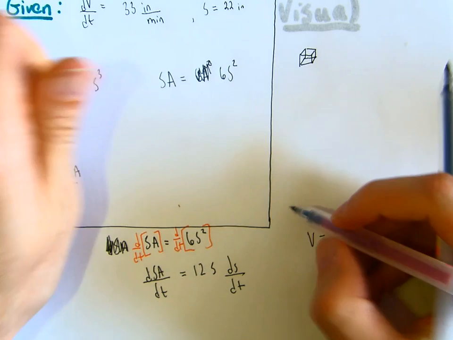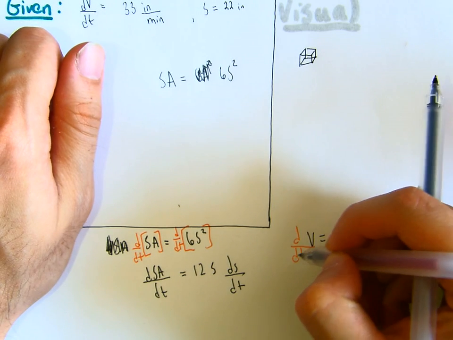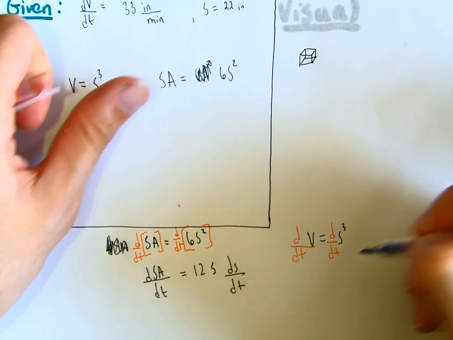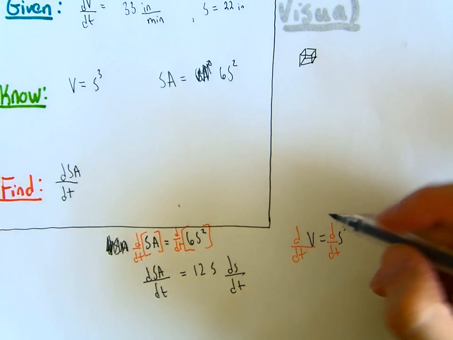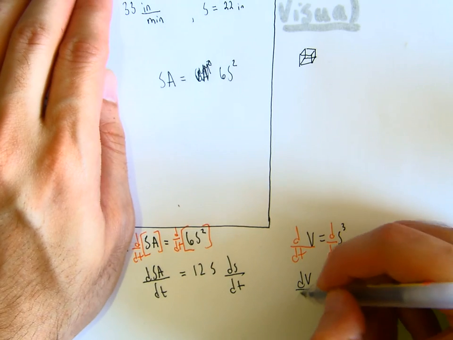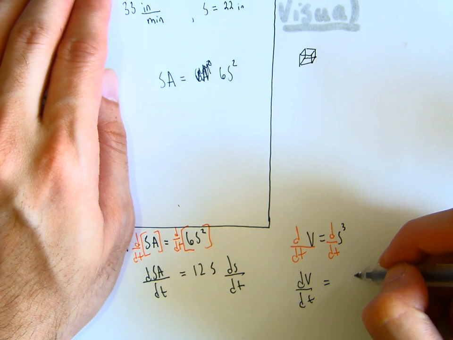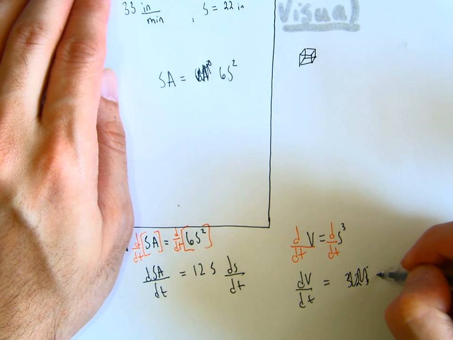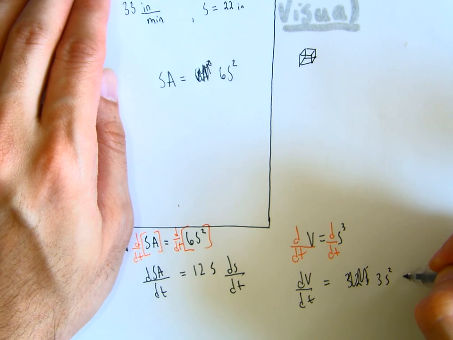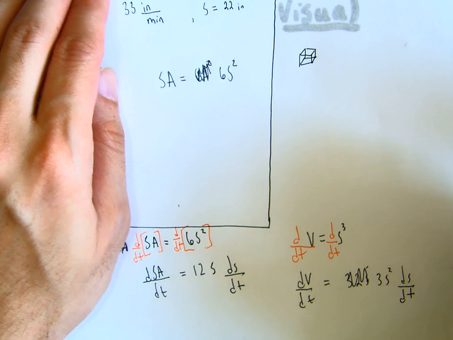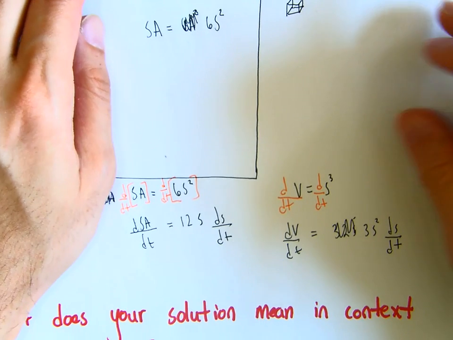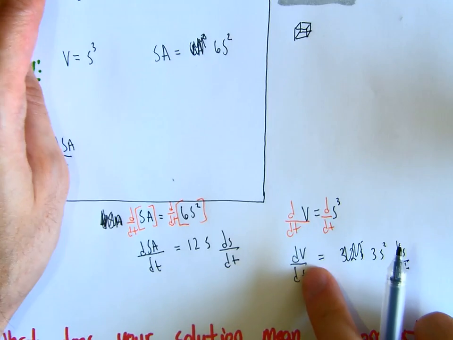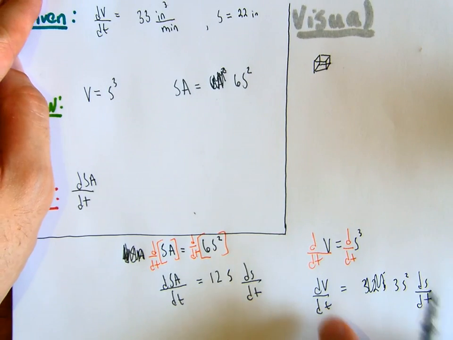Well, let's take a look. If we take d/dt on both sides, notice that we get dV/dt is equal to 3s squared ds/dt. Now notice what happens here. Remember what the game plan is.